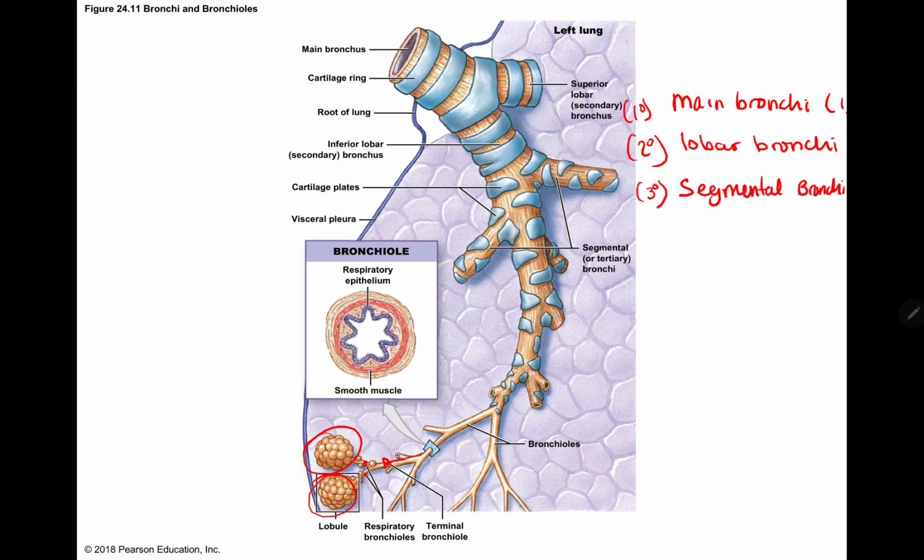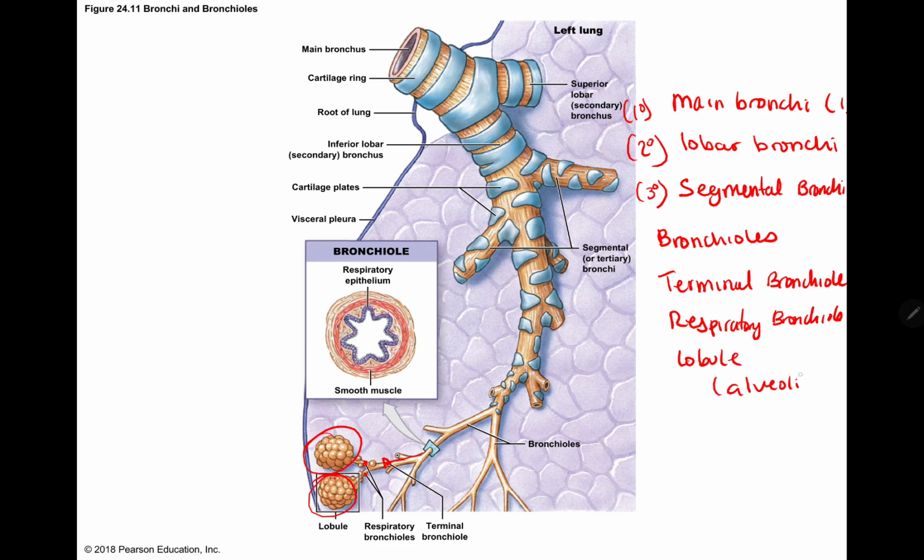That's going to then branch into the bronchioles. We're going to have the terminal bronchiole. That's going to branch into the respiratory bronchiole. And that's going to then lead to the lobule, which is going to consist of the alveoli.